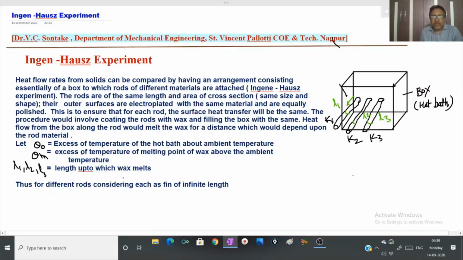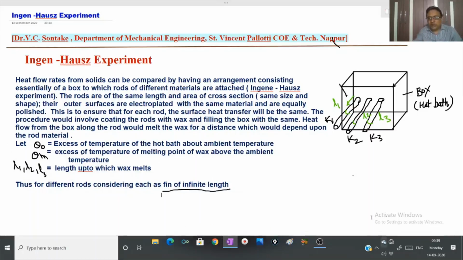In order to find out the relationship between thermal conductivity K and length of wax melted, let us consider all these three different rods as pins of infinite length.